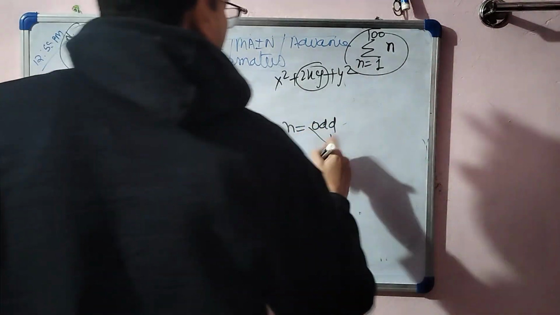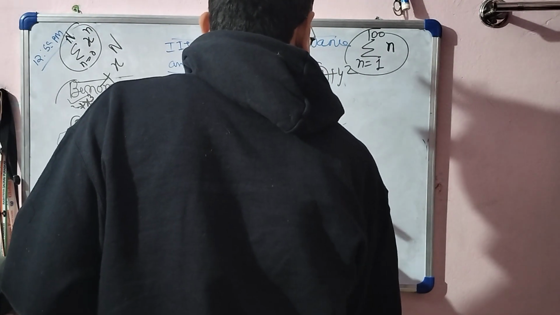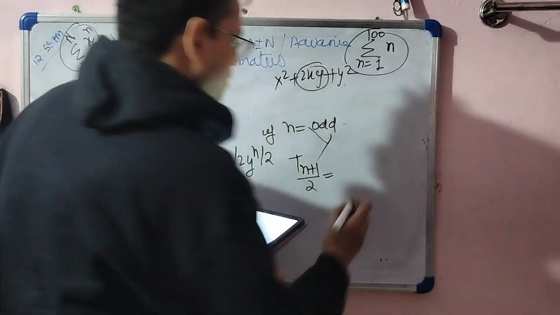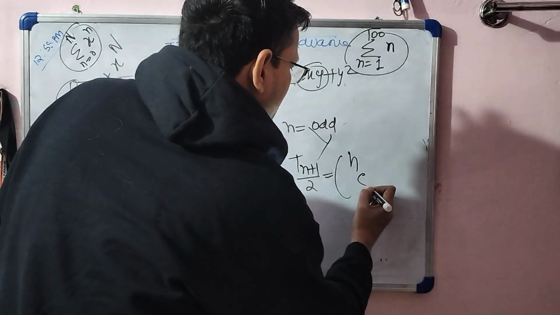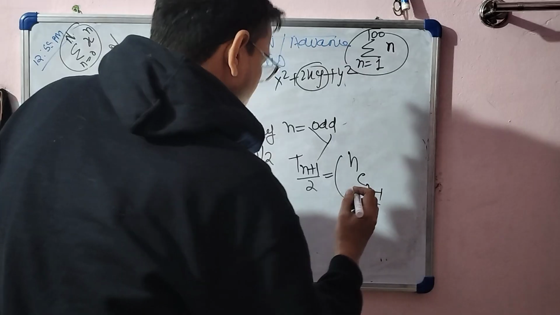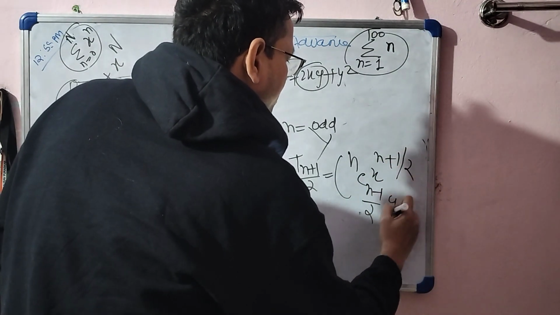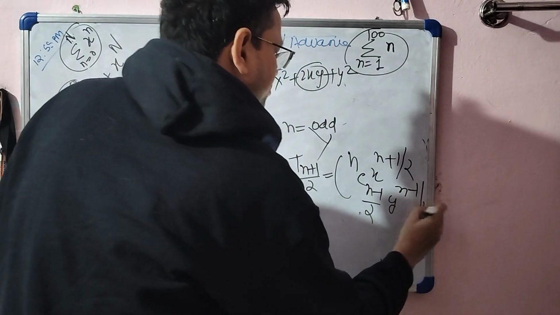If n equal to odd, T((n plus 1)/2) equal to nC((n minus 1)/2) x to the power (n plus 1)/2, y to the power (n minus 1)/2.